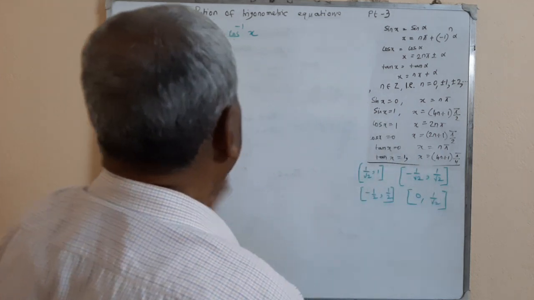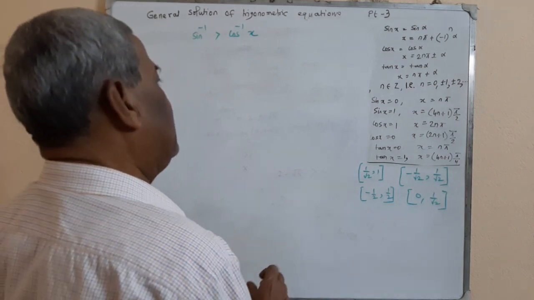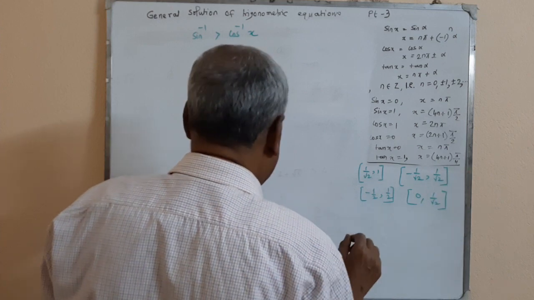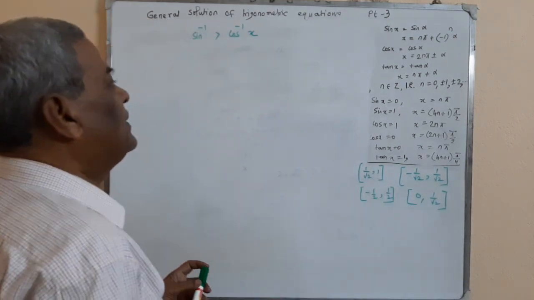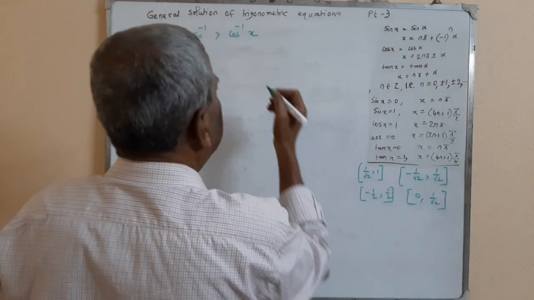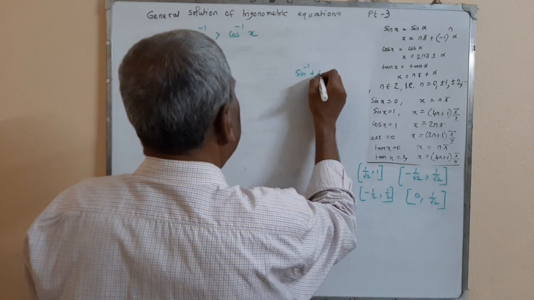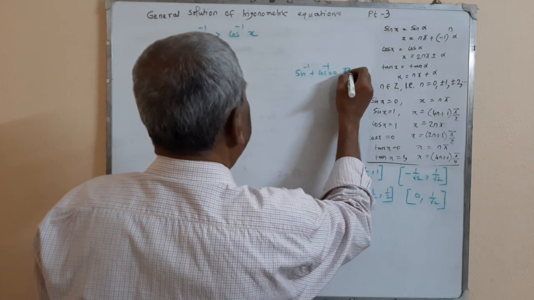So we have to find, this is an inequation. Solution set means values of x which satisfy this. We know that sin inverse x plus cos inverse x is pi by 2.